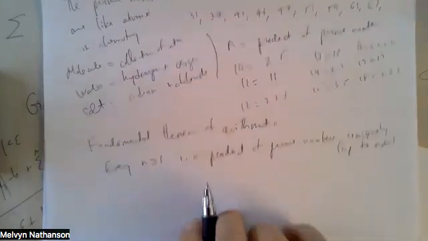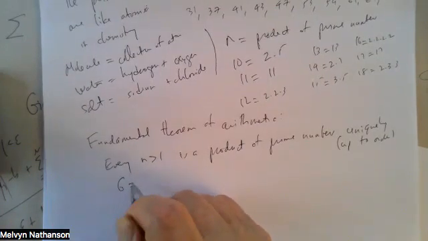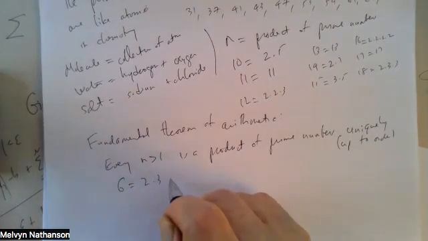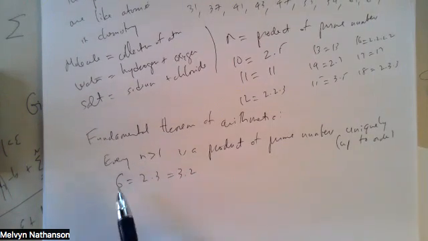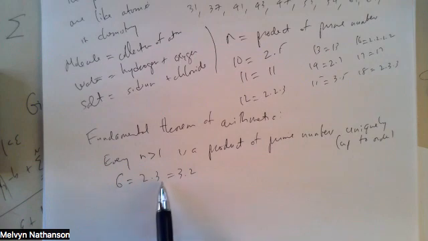What I mean by order is 6 is 2 times 3. It's also 3 times 2. So here's 6 as a product of prime numbers, and the only difference between these representations is the order in which I've written the primes.